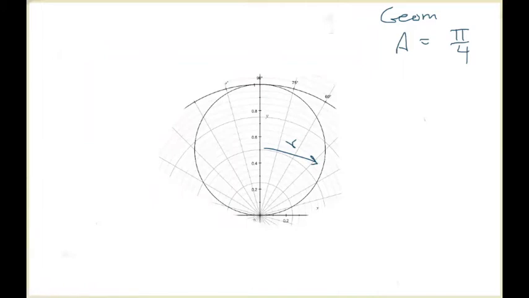Here's the general formula for integration. Area is equal to the integral from a to b of 1/2 r squared d theta.